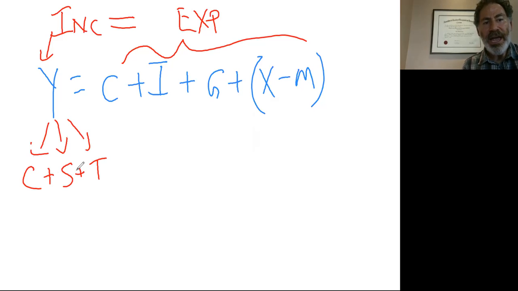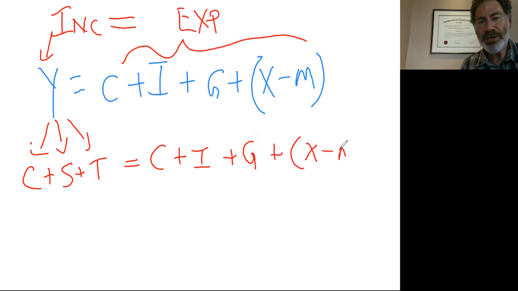So the income is broken down into consumption, savings, and taxes. Now I set this equal to C plus I, which is business investment, plus G, which is the government spending, plus exports minus imports, which is the trade balance. Now just do a little bit of canceling here, and we will come up with the fundamental relationship.